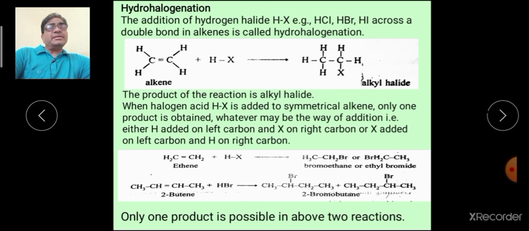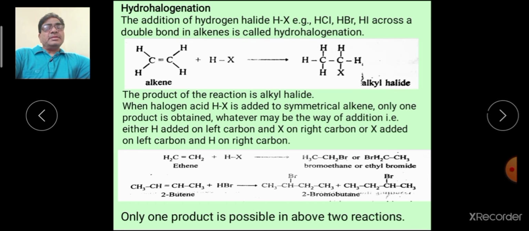That is, either hydrogen is added on the left carbon and halogen on the right carbon, or the halogen atom is added on the left carbon and hydrogen on the right, and therefore the product is the same, only one. This is the reaction of a symmetrically substituted alkene molecule, and the product is bromoethane, or by its common name ethyl bromide.